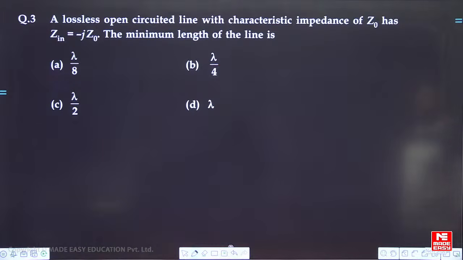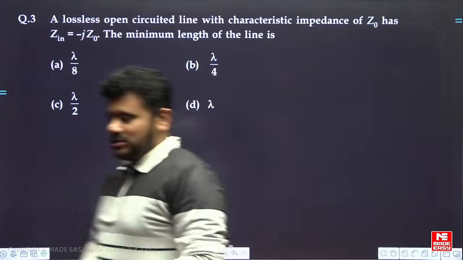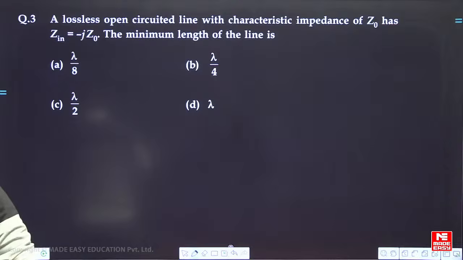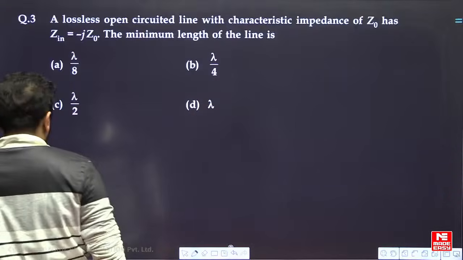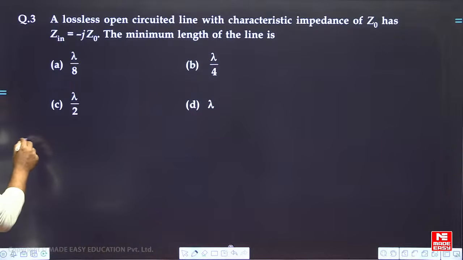A lossless open circuited line with characteristic impedance of Z0 has input impedance as minus jZ0. The minimum length of the line is how much? So let us solve this question. Okay, let us see the solution.